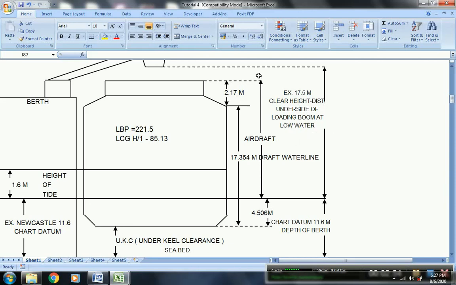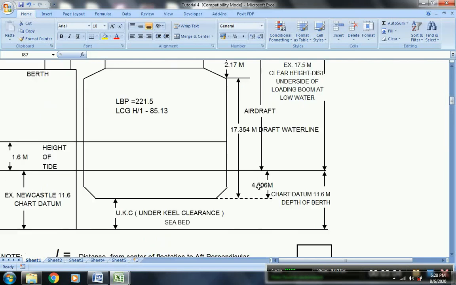Then this is the airdraft, from the top of the hatch cover down to the water line or from the chart datum. And this is the under keel clearance, or seabed, or UKC. An example, Newcastle 11.6 the chart datum, and the height of the tide is 1.6 meters.